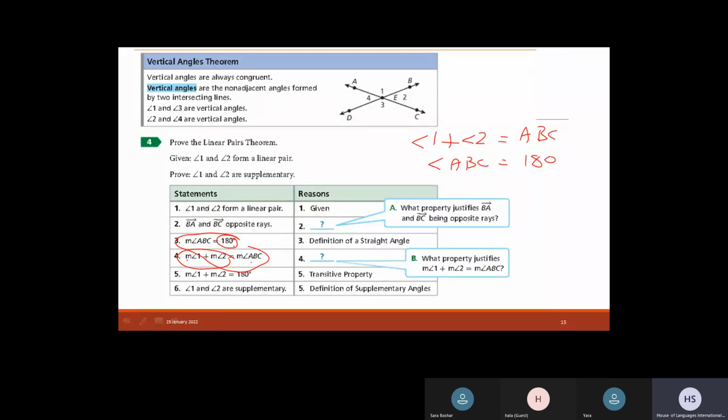So then, if 1 and 2 are 180, what can we conclude? They are supplementary. So teacher, you can get the same answer. It's going to be correct. What do you mean? Transitive, not flip.